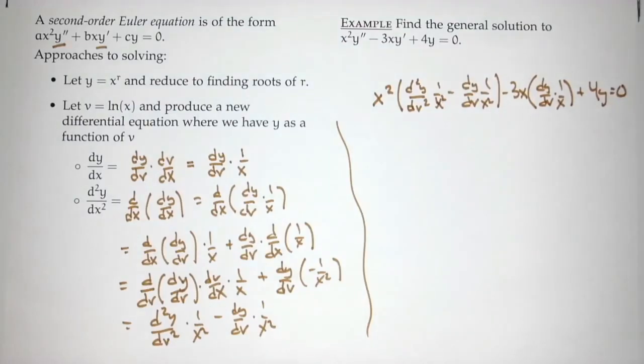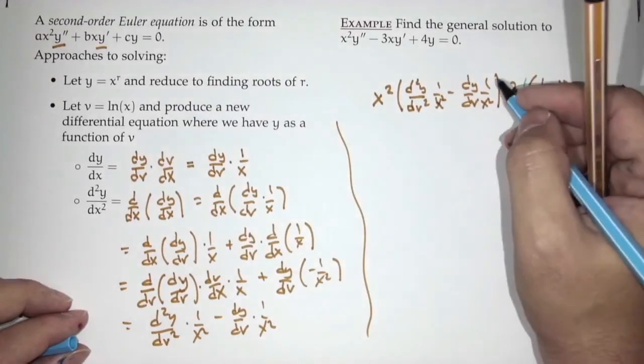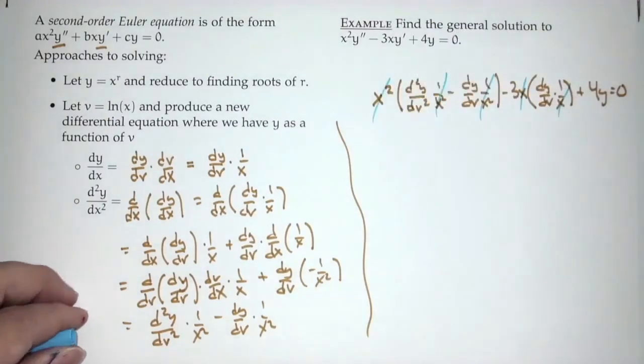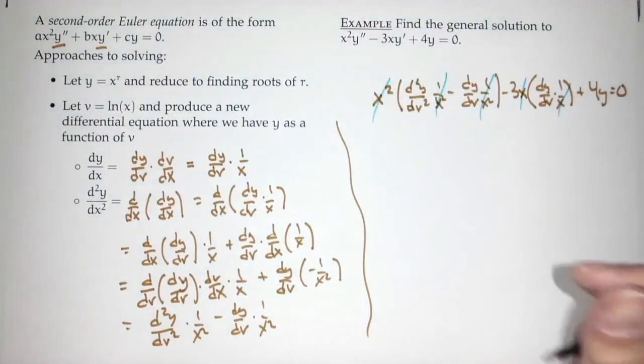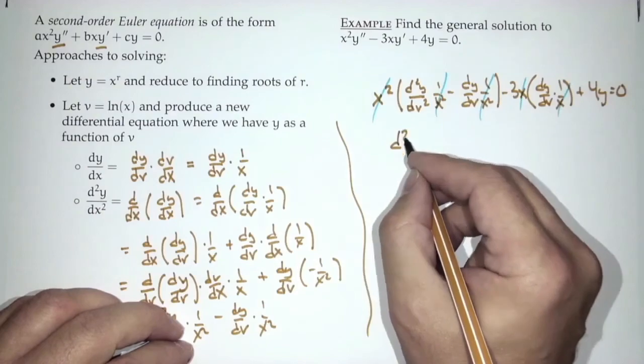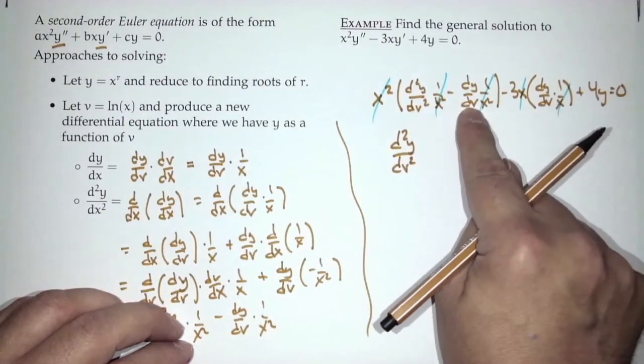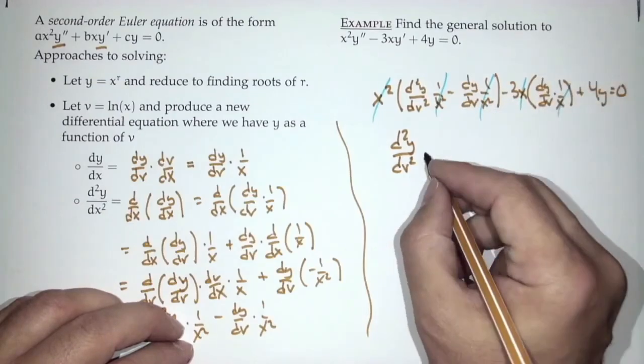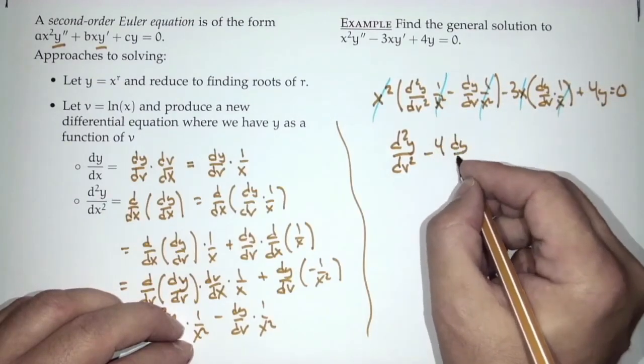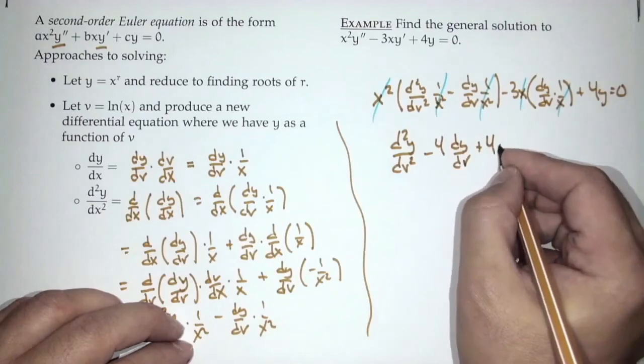And what happens if we've lived a good, clean calculus life? Something beautiful happens here. The x's all cancel. So what you end up with is a second derivative of y with respect to v, then minus dy dv minus 3 dy dv, which is minus 4 dy dv, plus 4y.